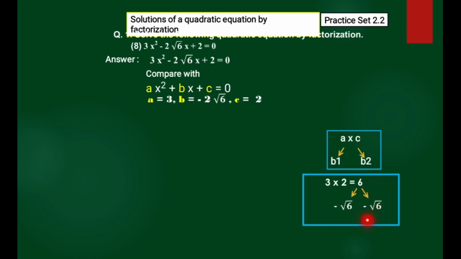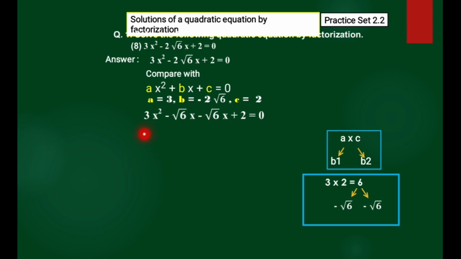So this 6 can be written as root 6 into root 6. So minus root 6 into minus root 6 is also 6. We write minus root 6 and minus root 6 because the sum must equal minus 2 times root 6. So we split up this minus 2 root 6x as minus root 6x minus root 6x.